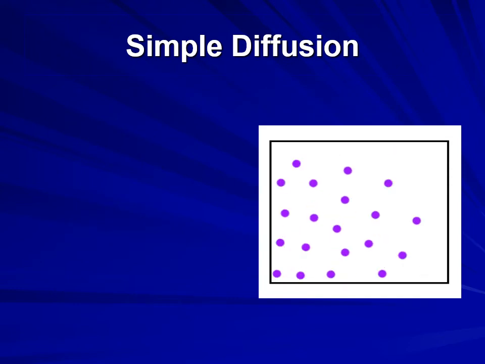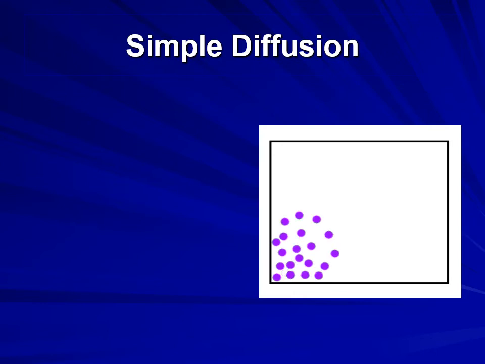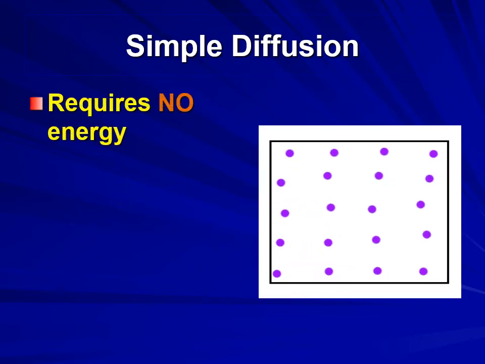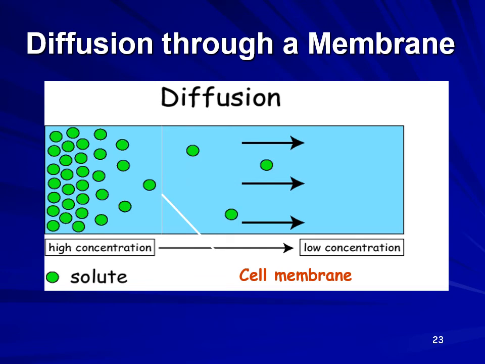So simple diffusion, there's no energy required. It is with the concentration gradient, so no ATP utilized. Again, same idea. We just talked about diffusion. So simple diffusion means it's very easy. It's passive. Okay? And again, here's that whole diffusion idea.